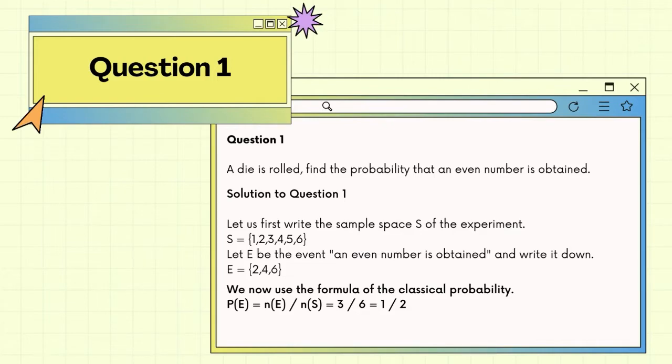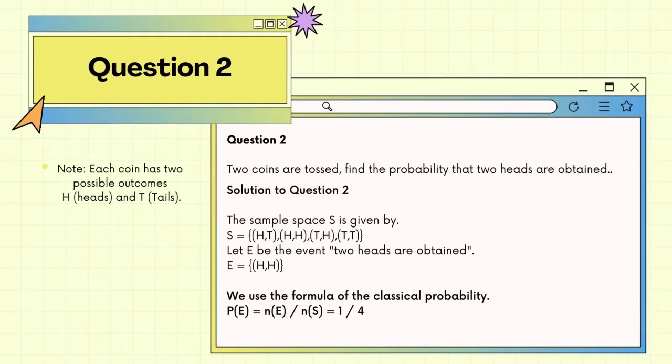Let E be the event that an even number is obtained, and write it down. E equals 2, 4, and 6. We now use the formula of classical probability. P(E) equals n(E) divided by n(S) equals 3 divided by 6 equals 1 divided by 2.